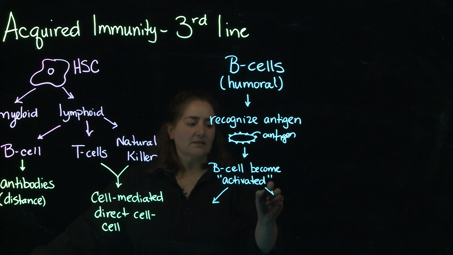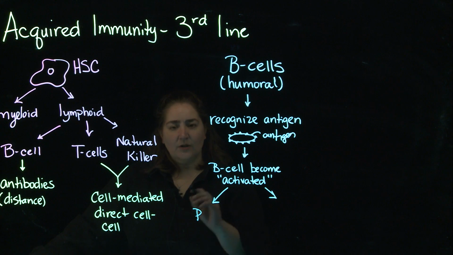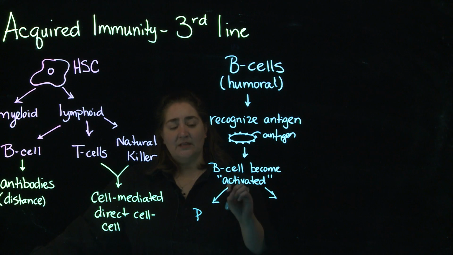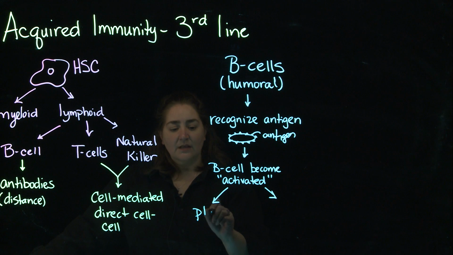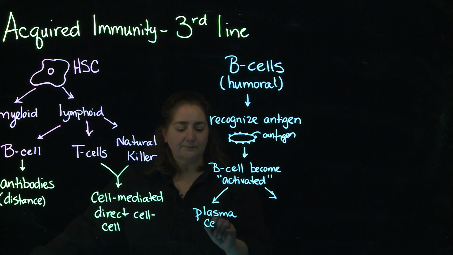Once that B cell is activated, it is going to differentiate, meaning it knows what it wants to be when it grows up now. It's going to differentiate into a plasma cell.